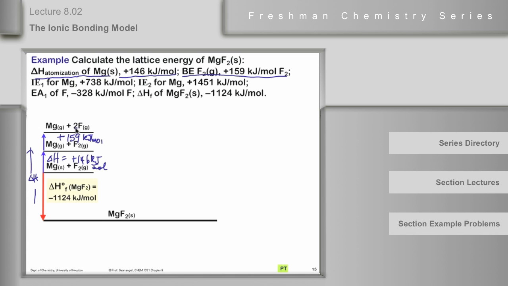I need to make the ions. Let's make the magnesium ion simply by removing an electron and then removing a second electron to get to Mg2+. Okay?